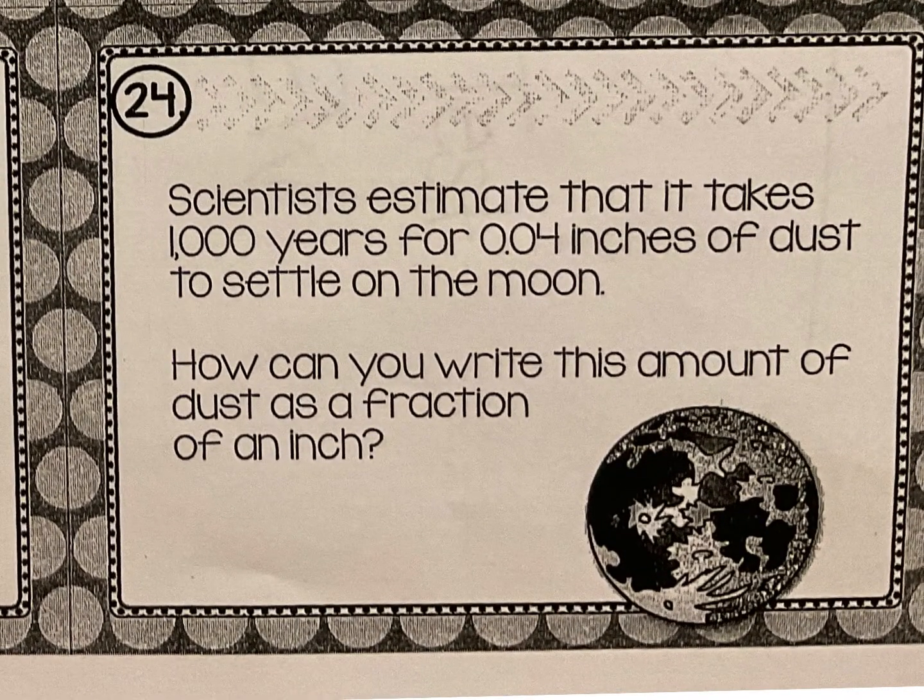Scientists estimate that it takes 1,000 years for 400 inches of dust to settle on the moon. How can you write this amount of dust as a fraction of an inch? How would I write 400ths as a fraction?